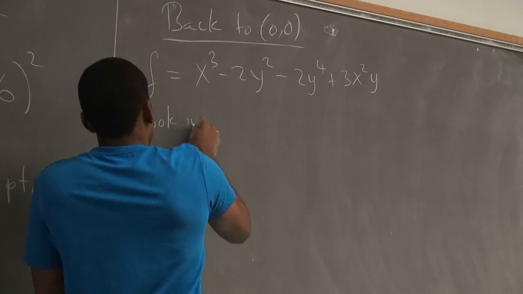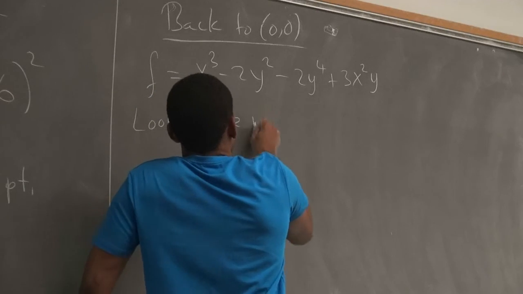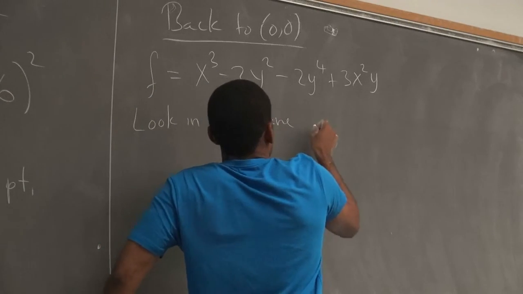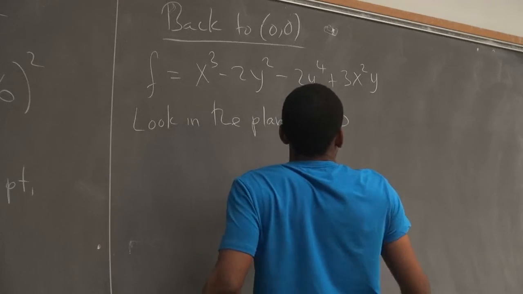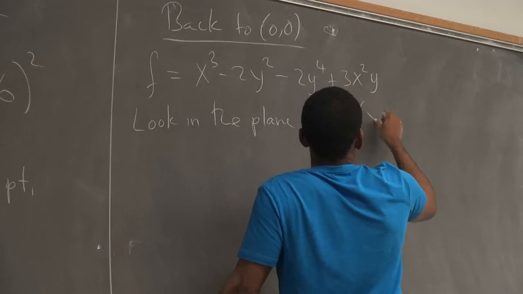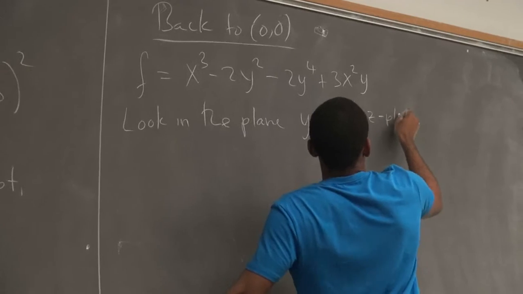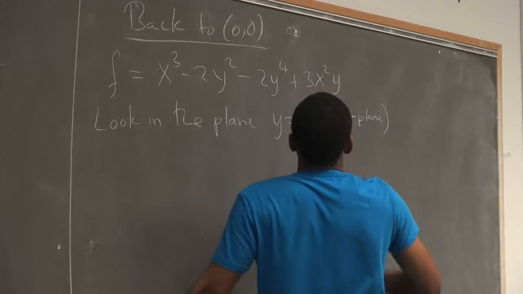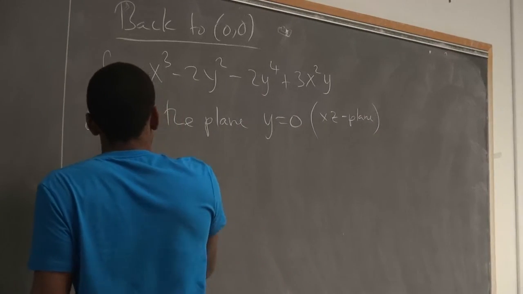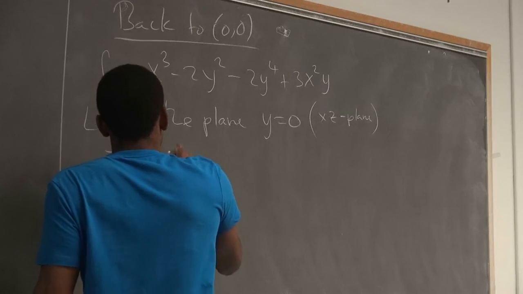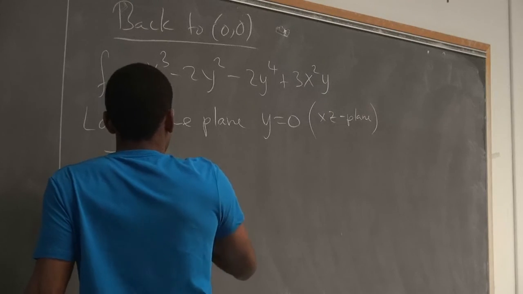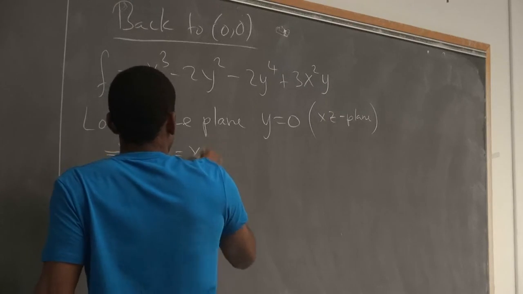Here's a trick. Look in the plane. Let's say I look in the XZ plane. And what is the function? Then I'd have z equals x cubed, right?